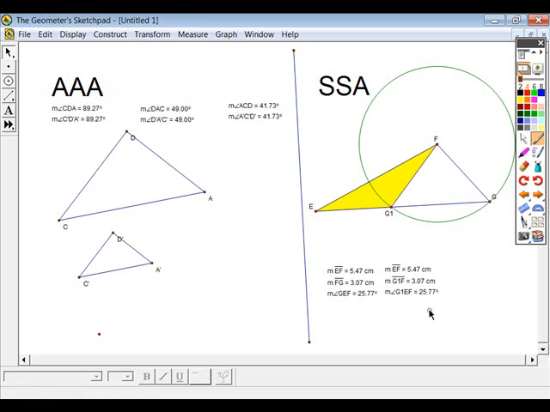So here's a case where SSA gives you two completely different triangles that fulfill all those different properties or measurements. Okay, so AAA and SSA do not guarantee congruence of triangles, but the other ones, SSS, SAS, AAS, and ASA, will all guarantee specific triangles.